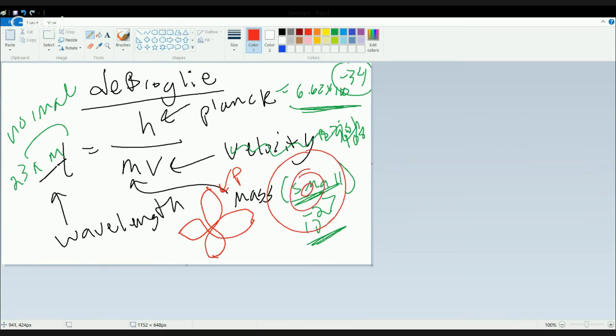Rings are orbits, and you can't wave through an orbit. It just doesn't make sense. But you can wave through orbitals. And that's why all those orbitals have those funky shapes, because you can imagine how different waves might overlap each other, and these overlapping waves make the different shapes. So de Broglie's equation gives us the idea that you can't live in rings. You've got to live in orbitals.